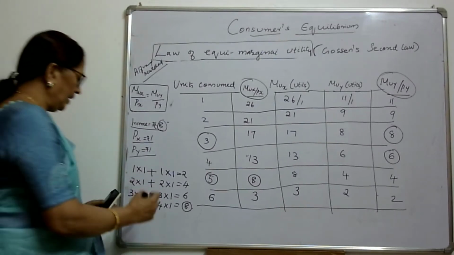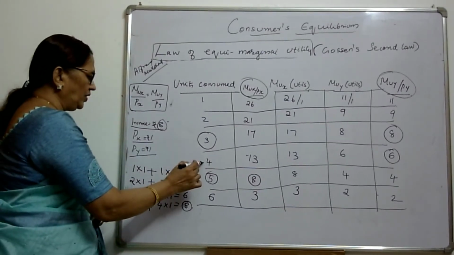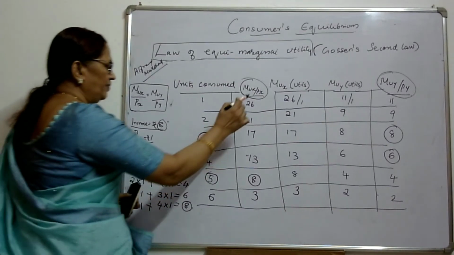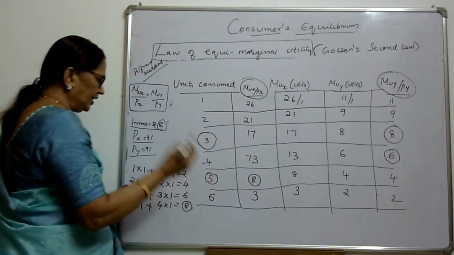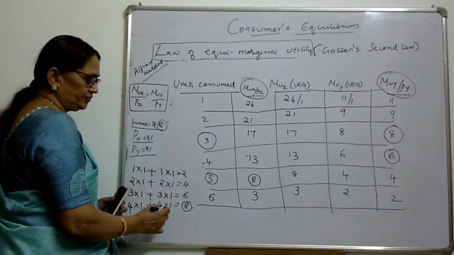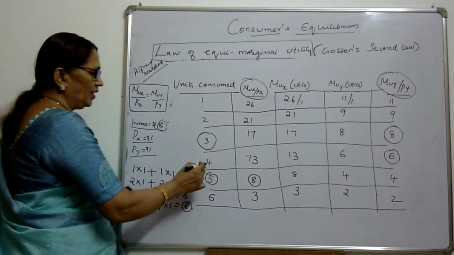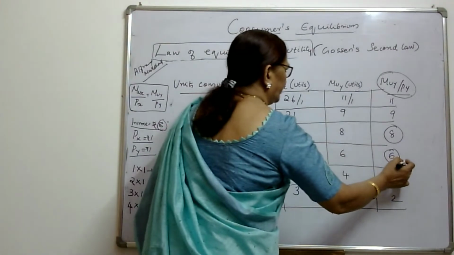But when the consumer consumes 4 units of good X, what is MUx by Px? 13. When the consumer consumes 4 units of good Y, what is MUy by Py? 6.